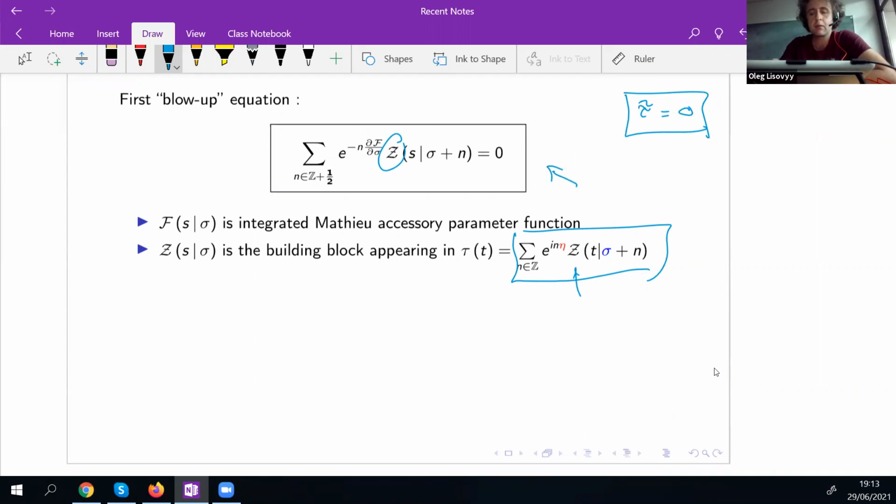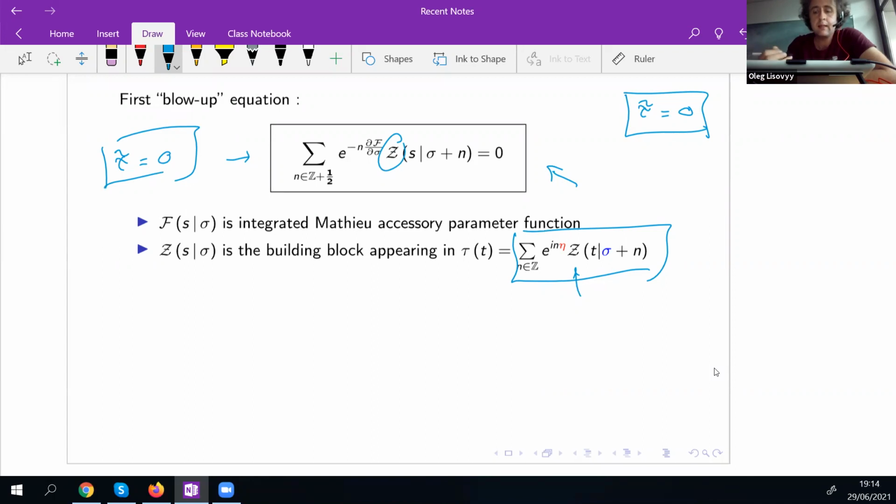If you accept this ansatz, then once again, what is written here is just a statement that a certain tau function of Painlevé 1 is equal to 0. That's it. So this basically follows immediately from this ansatz.